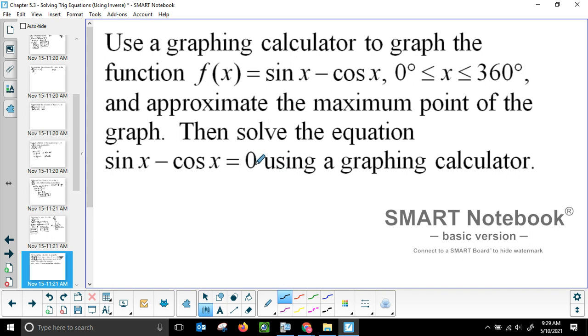What else do we know is the line y equals 0? The x-axis. Y equals 0 is simply the x-axis. So your x-intercepts, or your zeros, are what's going to be your solutions here as far as your calculator is concerned. So go ahead and graph that, see what the maximum point is. Do be careful that you need to be in degree mode, that kind of stuff. Be mindful of your window.